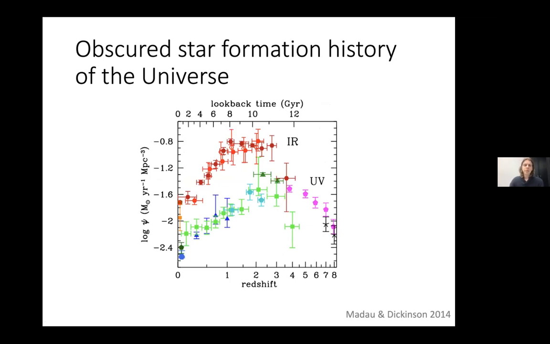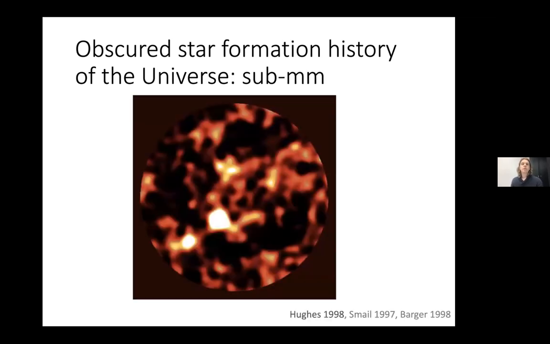If you go back a little bit further in time and to slightly longer wavelengths, then we enter the submillimeter regime. So this is a beautiful, groundbreaking image taken with SCUBA in the late 90s of a large submillimeter structure on the sky.